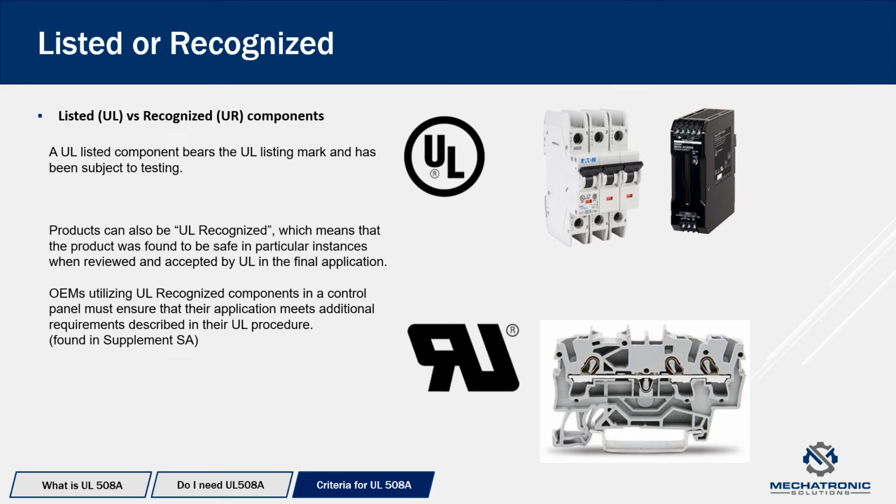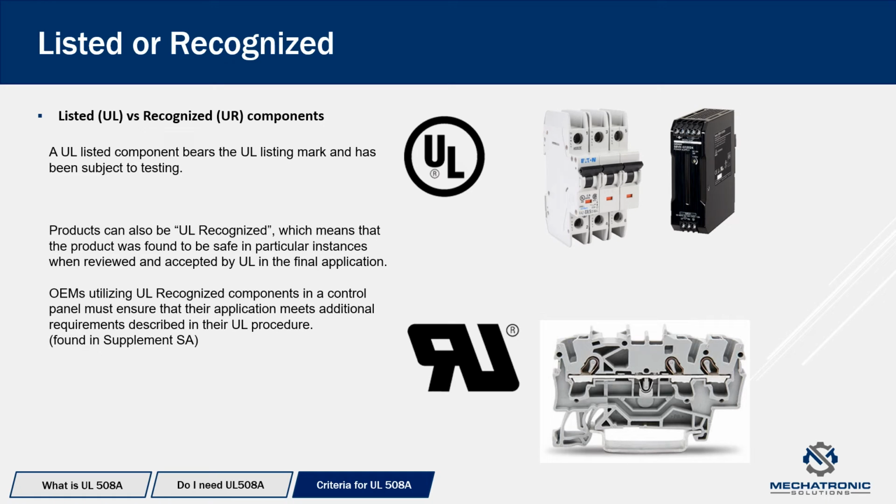So if we as an OEM or a panel builder are utilizing a recognized component in a control panel, we need to ensure that the application meets the requirements of that, either described in our UL procedure, or we find them in Supplement SA.